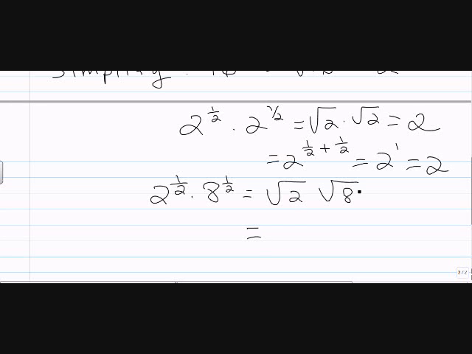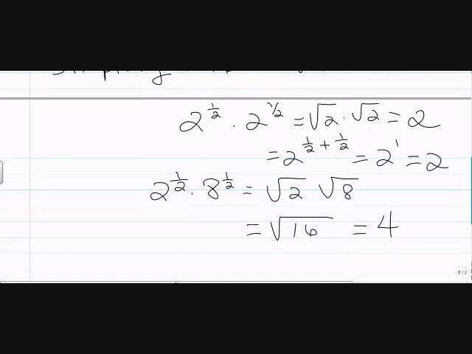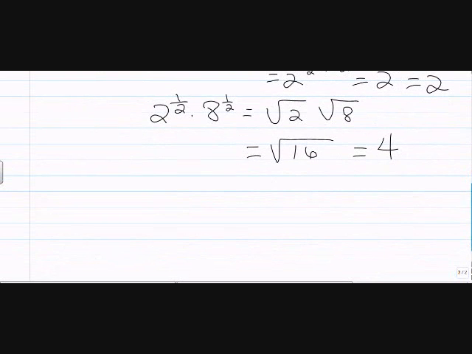The square root of 2 times the square root of 8 is the square root of 2 times 8, which is the square root of 16. Well, that was pretty simple. That came out to be 4. Obviously we won't just be doing this with numbers. We'll be doing this with variables too.